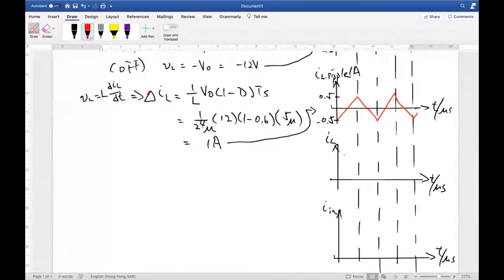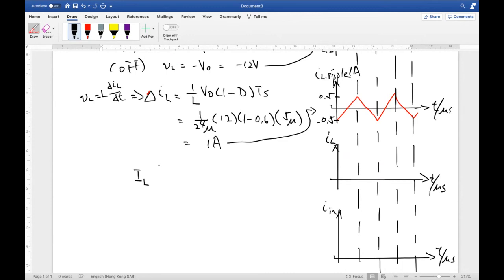Okay, so the shape or the trend here is identical to the capacitor-side ripple, but I hope that you still remember, capital IL actually just does the offset, or shifts upwards, by I naught. Sorry, capital IL.